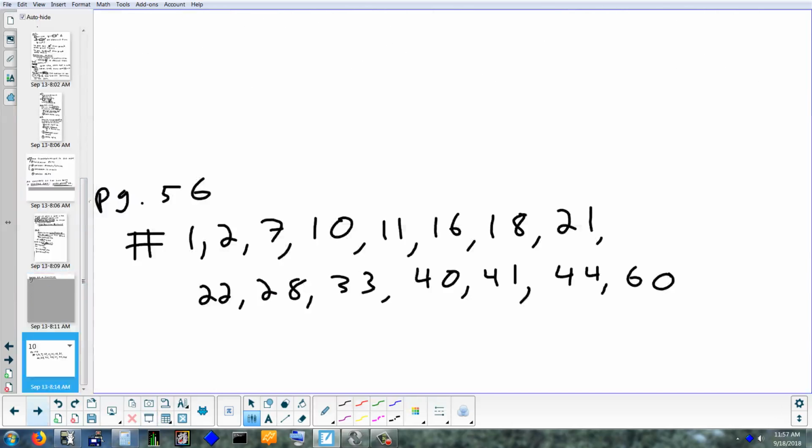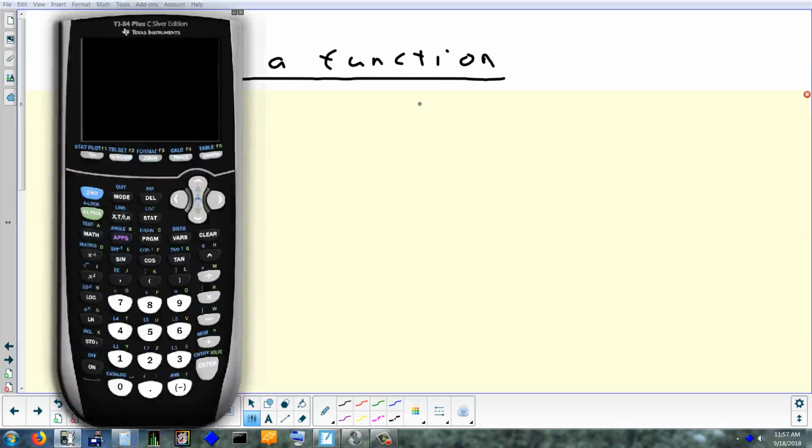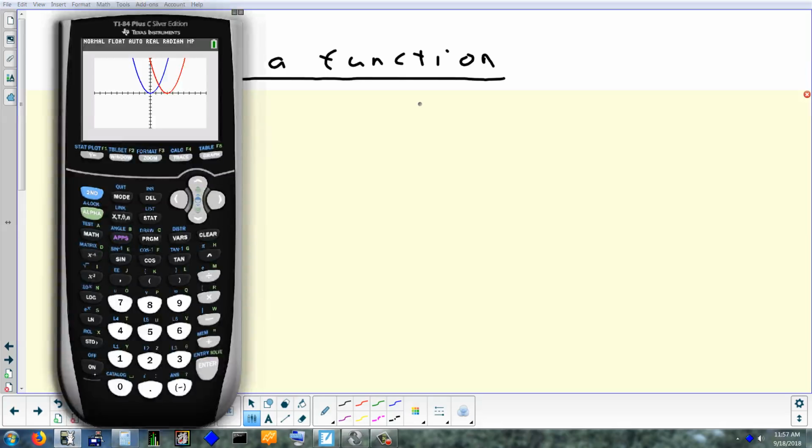So I think this is the last thing. So we've talked on the calculator a little bit about this, finding the zeros of the function. That just means where it crosses the x-axis. That's all that a 0 is. It's a spot where it crosses the x-axis. And does anybody remember where that was to calculate a 0?